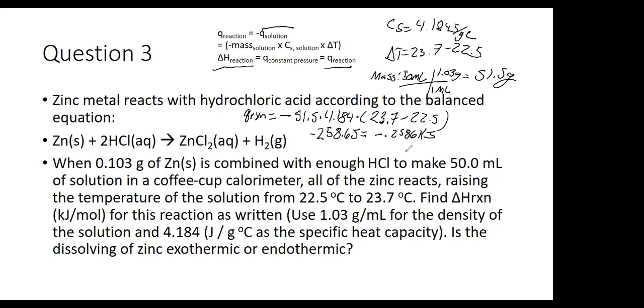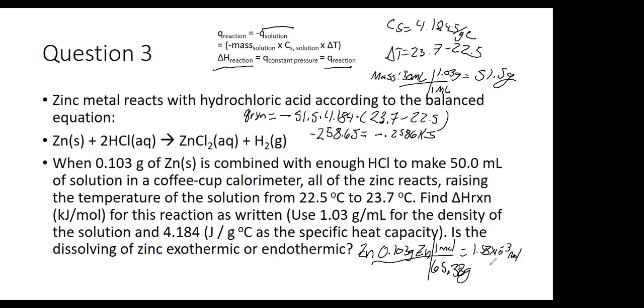Now to get kilojoules per mole, I have to figure out that energy change was caused by how many moles of zinc. Well, there's 0.103 grams of zinc in my reaction. Looking up my periodic table, the molecular weight of zinc is 65.38 grams for every 1 mole, which is 1.58 times 10 to the minus 3 moles.